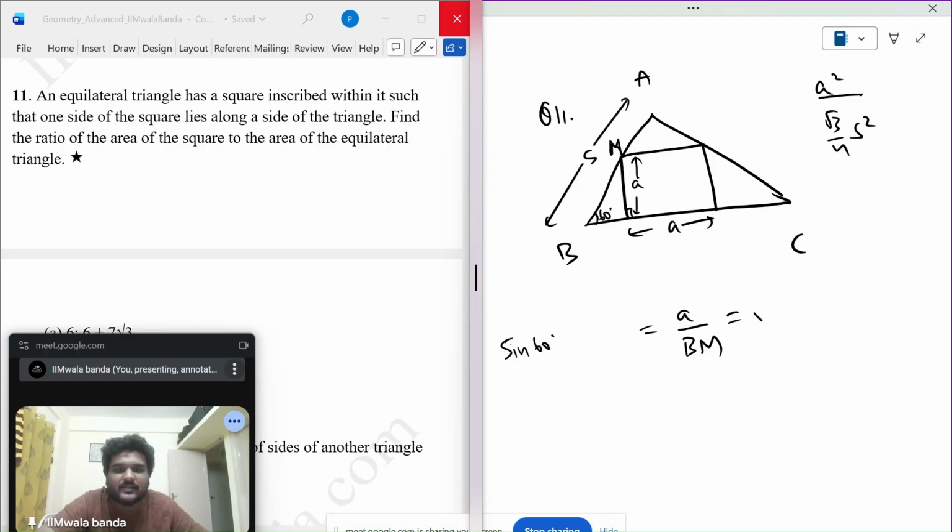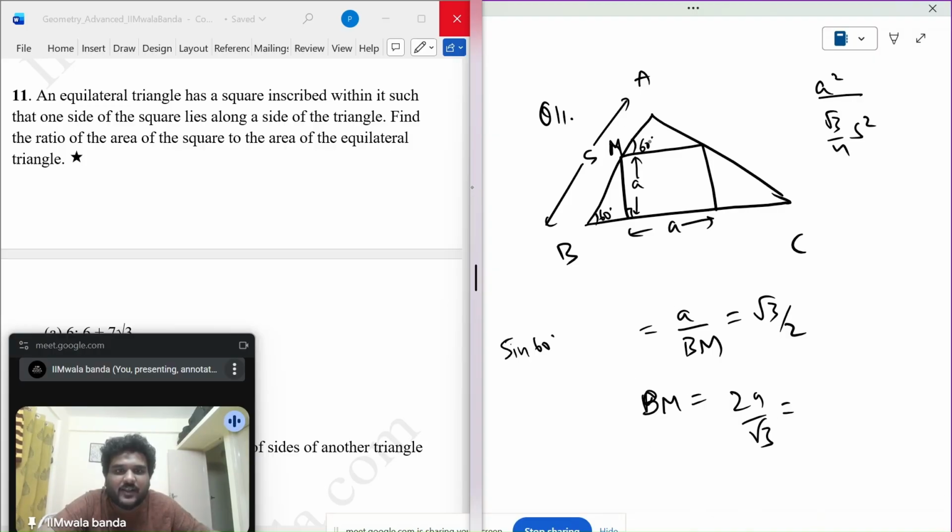Sine 60 is root 3 by 2, right? So BM will be 2A by root 3. I got BM.